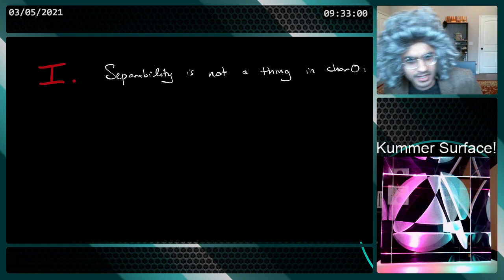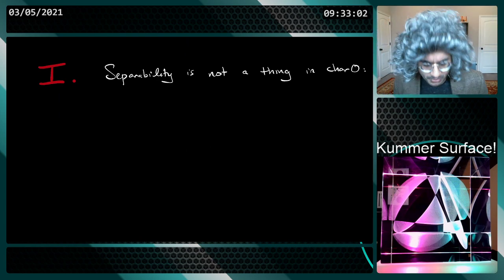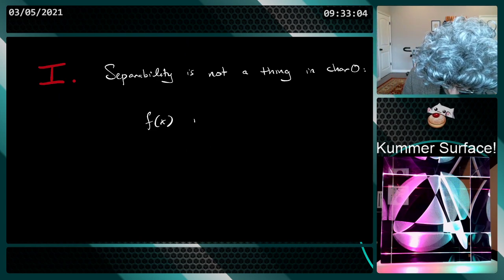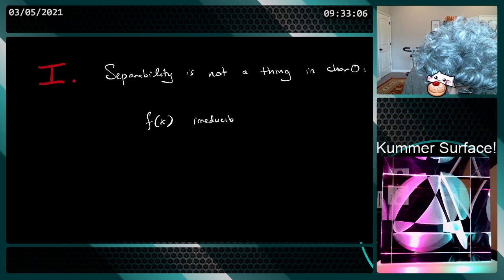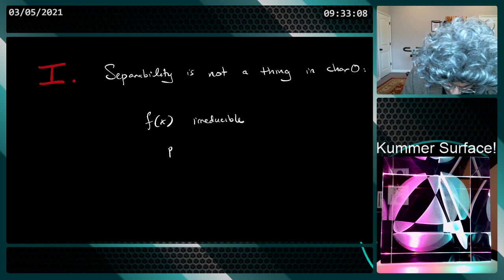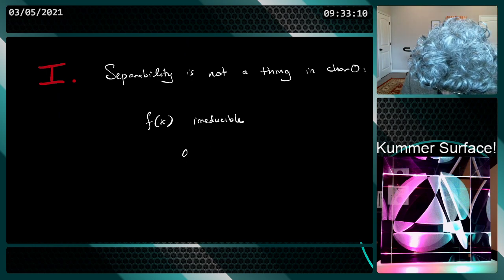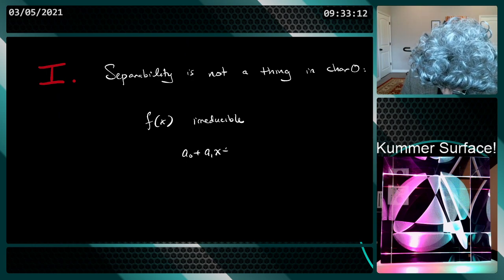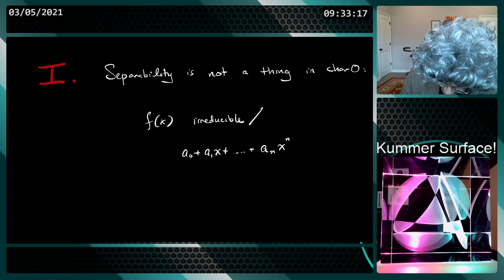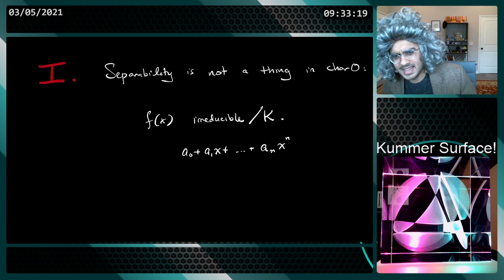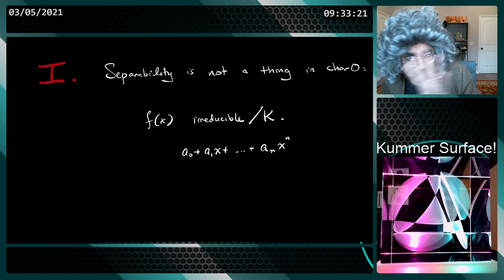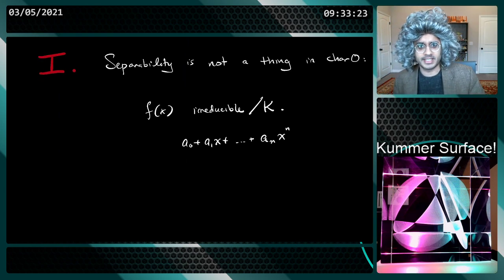So how does this work? You have an irreducible polynomial over some field K. Don't introduce the characteristic yet.